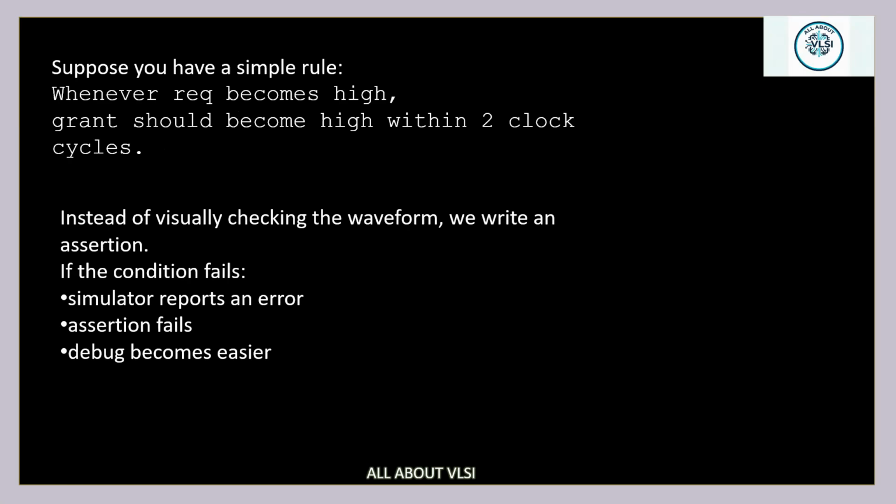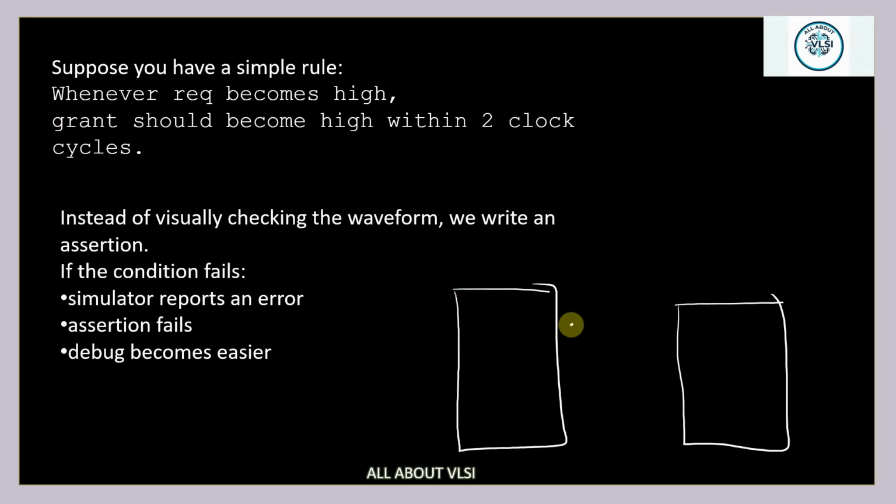Now, for example, let's say we have a handshaking mechanism between two components, where one component gives a signal known as request and the other gives a signal known as grant. Let's say the second component sends the request signal and the first component gives the grant signal.